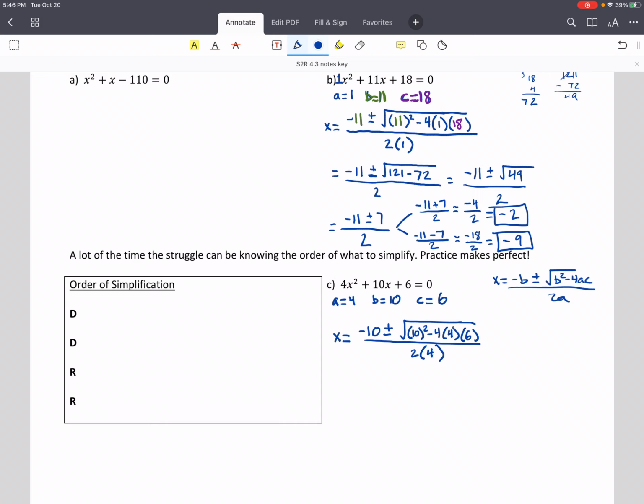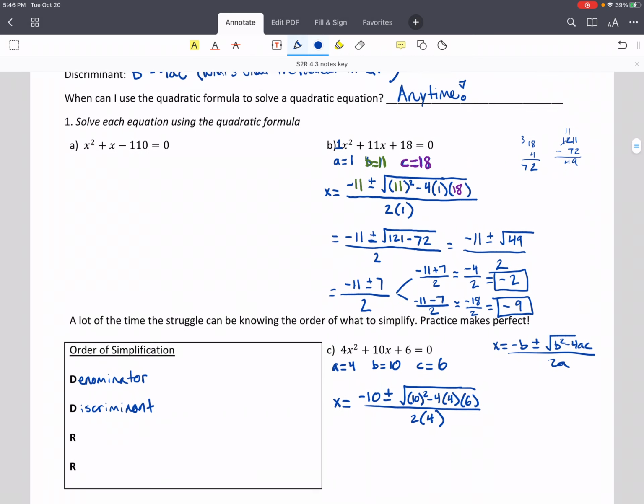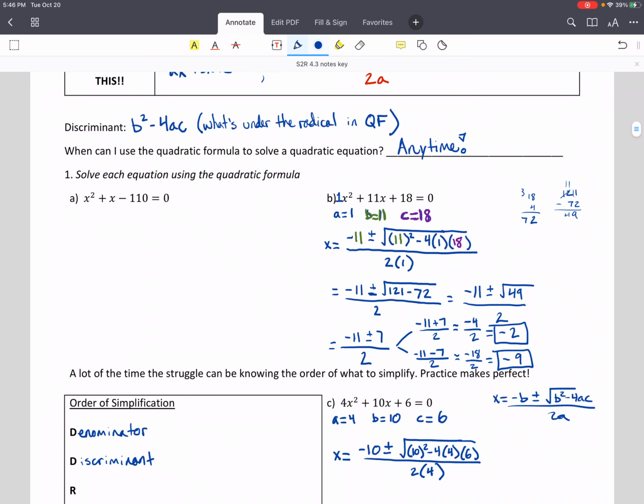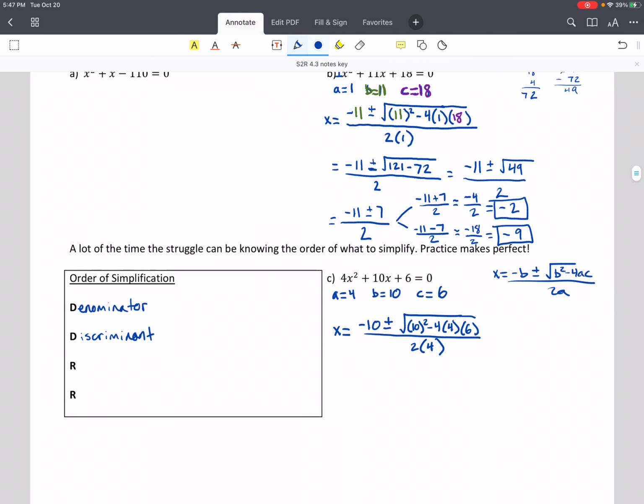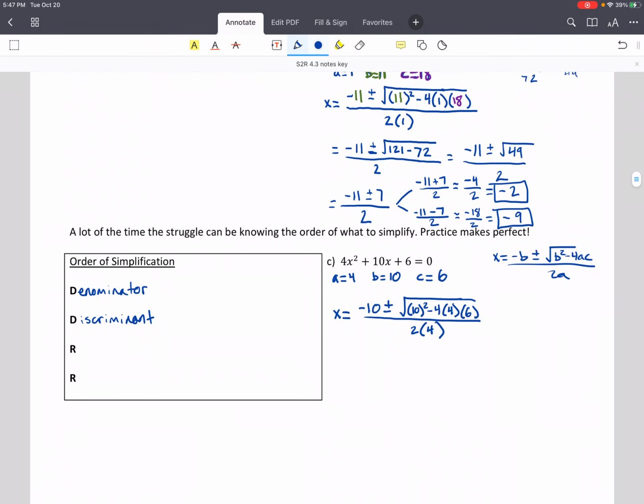So once you get to here, what should we do to simplify? I would take care of your D's first, meaning your denominator and your discriminant. What's a discriminant again? Oh, right. The stuff under the radical, the b squared minus 4ac. Got it. We got this.